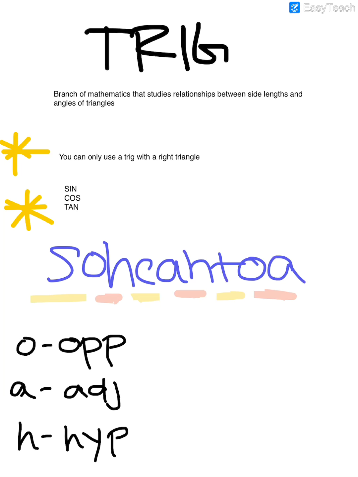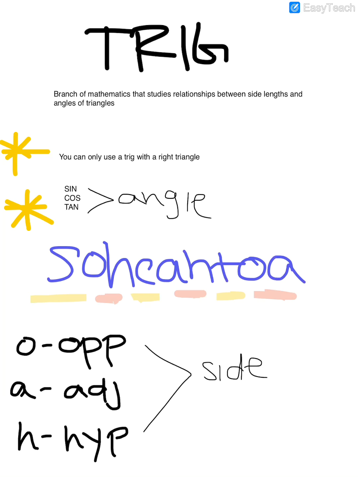So I also want to mention, before we get into an example, although we are almost there, that when you are referring to the sine, cosine, and tangent, you're referring to an angle measure. And when you're referring to the opposite, adjacent, or hypotenuse, you are referring to side lengths.